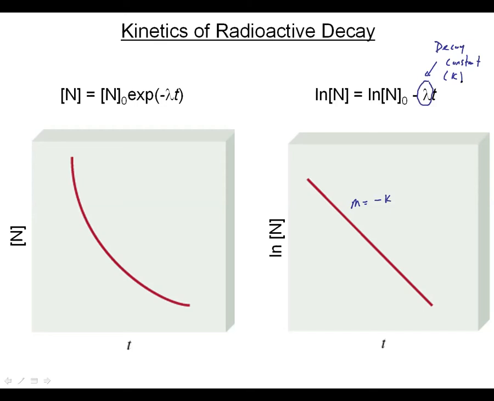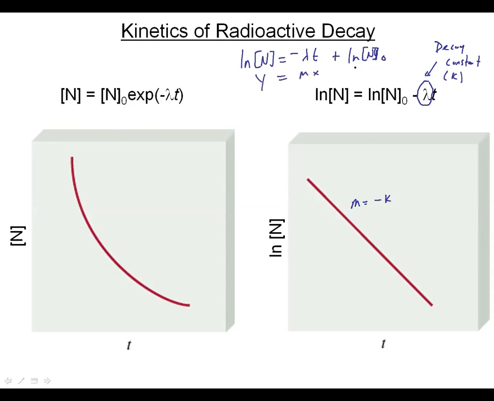We also see the graph that we saw with first order as well, where you do just the concentration versus time. You get that decrease with time, not that linear relationship that we see with the graph over here. And it's the same relationship, the natural log of N equals minus that plus this. And that is your y is equal to mx plus b.